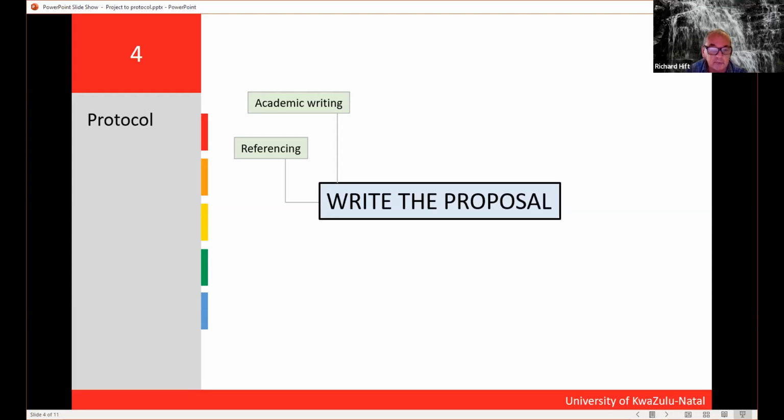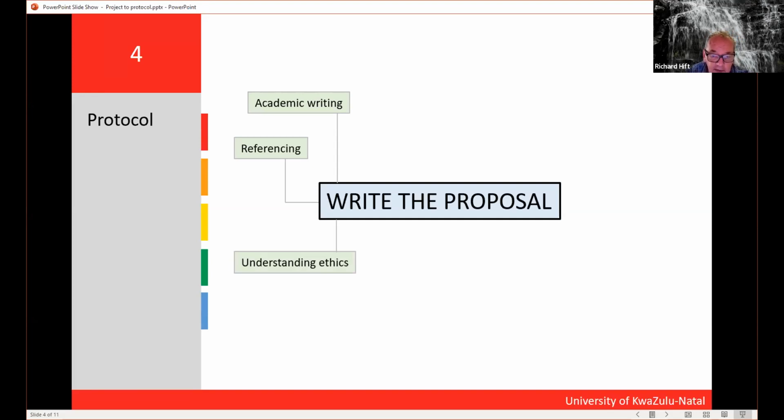And that's something else that we do cover. And then finally, having the references to hand, which means being very comfortable and very practiced in the use of a reference manager. So all of that really has to be in place at the time you hand in your protocol.